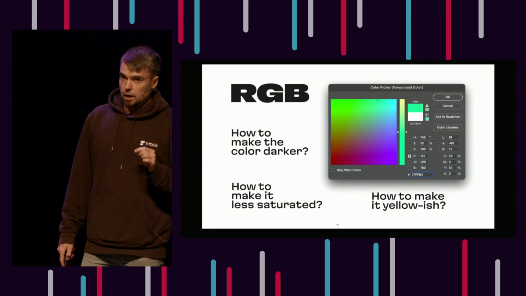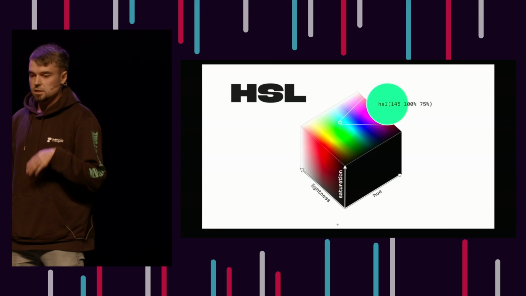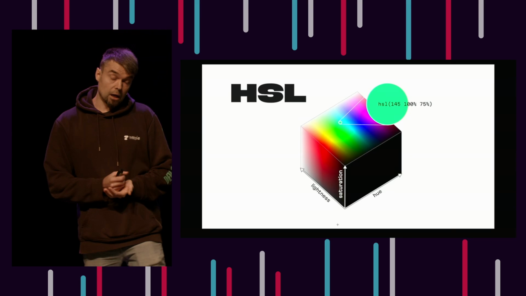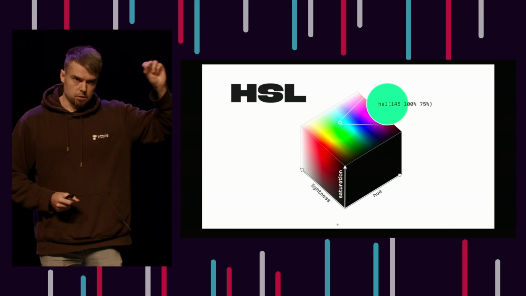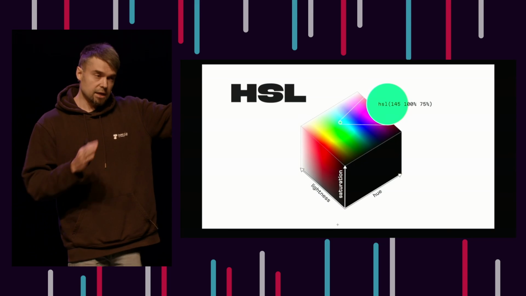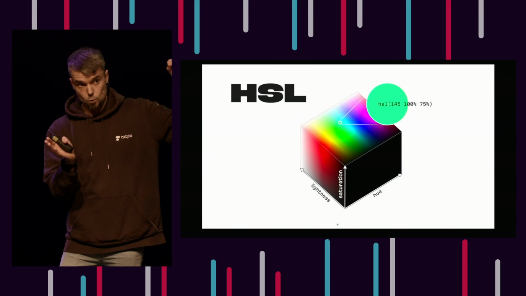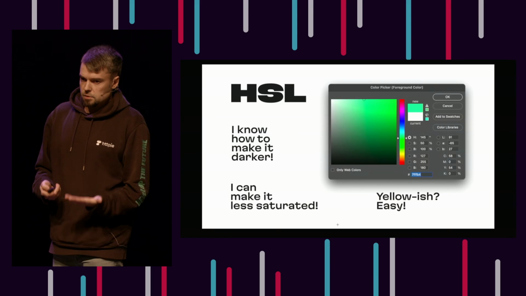To make RGB a little bit more convenient to work with, engineers invented HSL or HSB, which is a very similar color model. HSL defines the same, absolutely the same color, but with 3 different coordinates. Instead of red, green, and blue, it uses hue, saturation, and lightness. Having these 3 coordinates is very convenient.